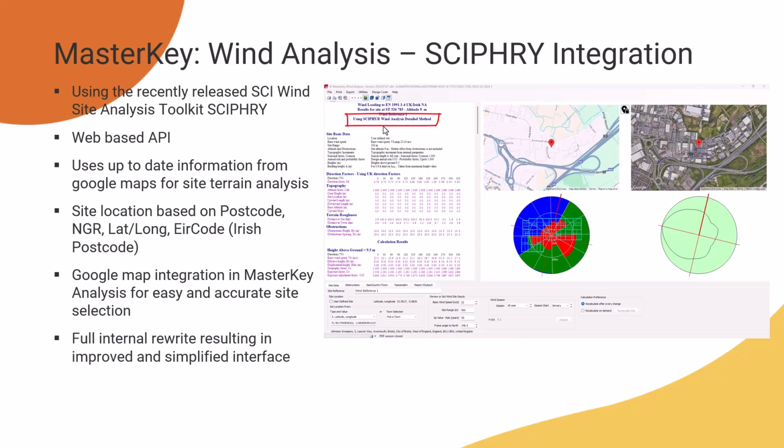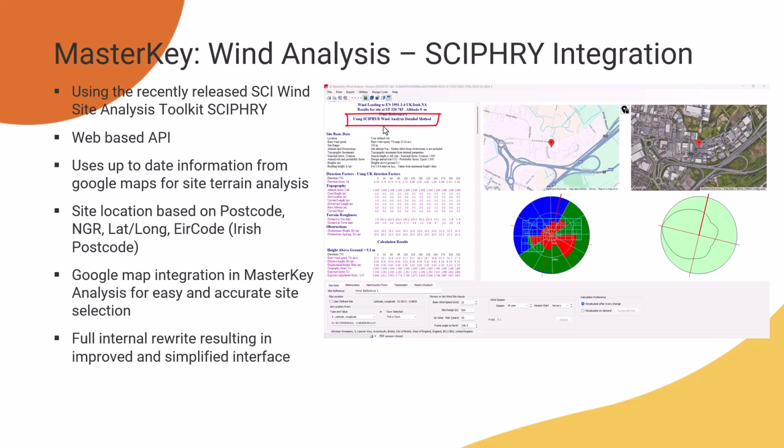Using a web-based API obviously has several advantages, in that all of the site data information can be automatically kept up to date and maintained, with that operation not being performed on your actual software on your PC, but on the web. The SCIPHRY tool is a huge step forward in that it modernizes and brings up to date the data for the wind site analysis, using information from online map resources.